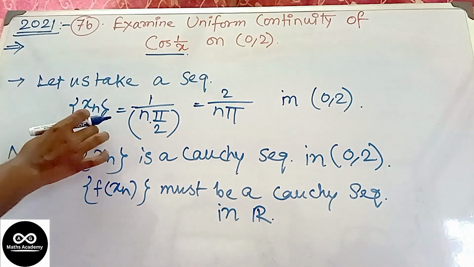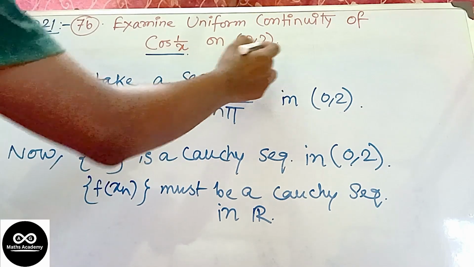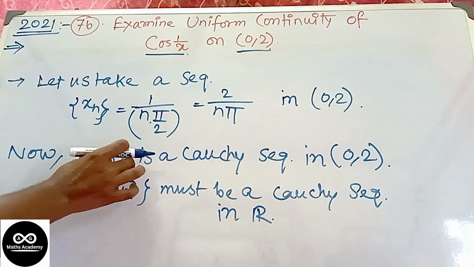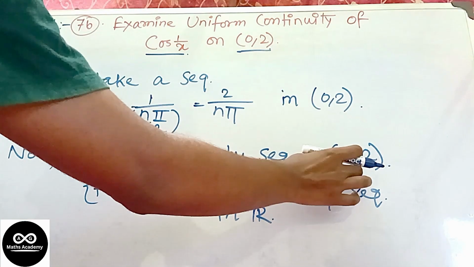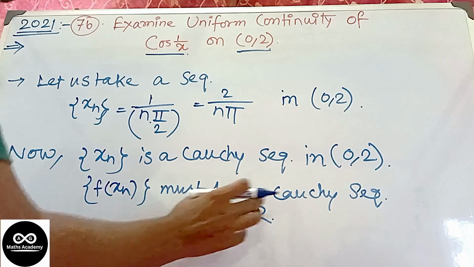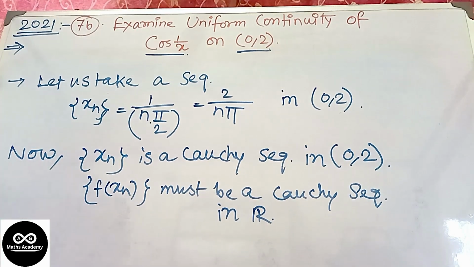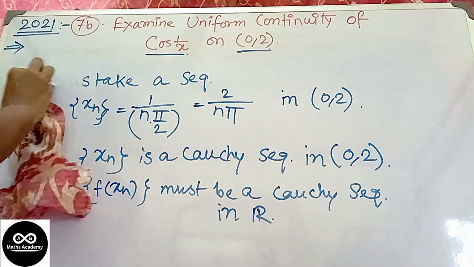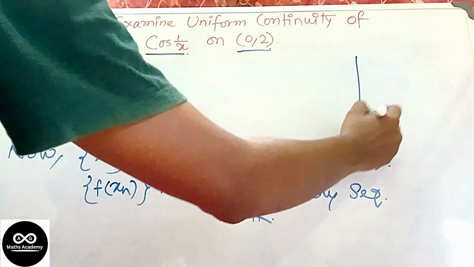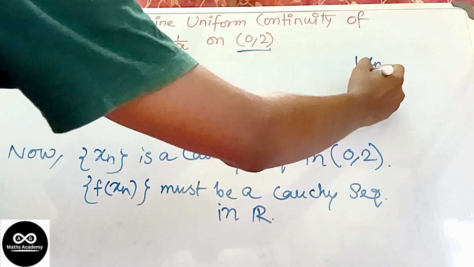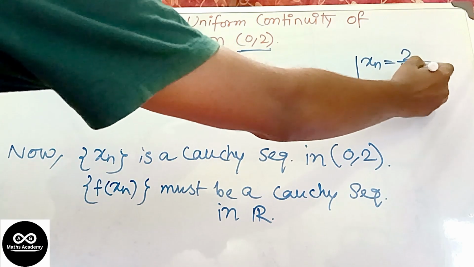So like if f is uniformly continuous on this interval and xn is a Cauchy sequence in this interval 0, 2, then f of xn must be a Cauchy sequence in R. Okay. xn is equal to 2 by n pi.